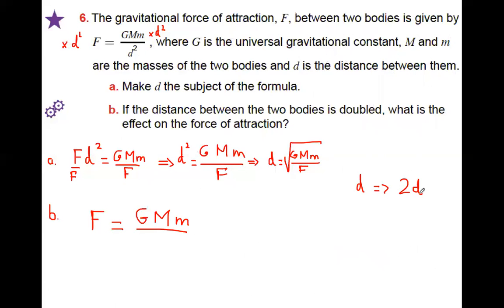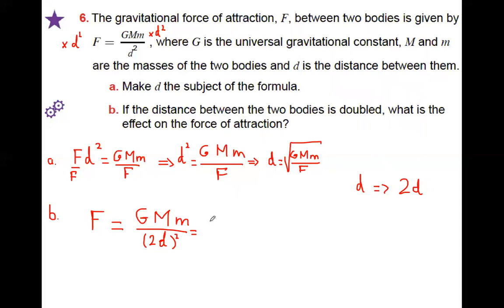We've doubled the distance. Remember, D became 2D, squared. But we've learned that when you've got two numbers multiplying and you square them, it's the same as squaring each of them.